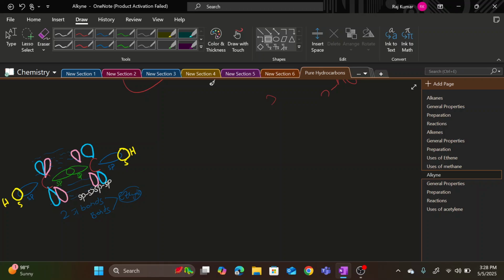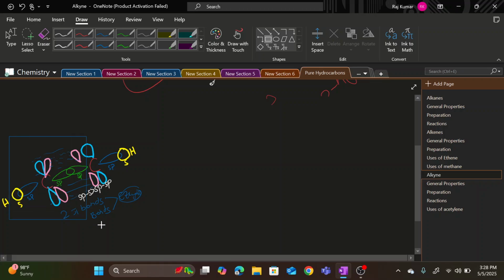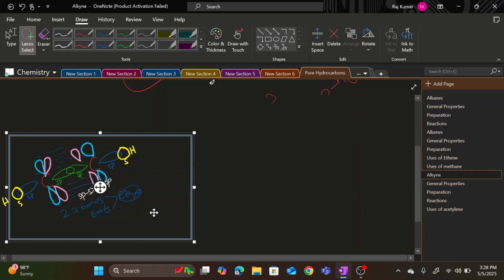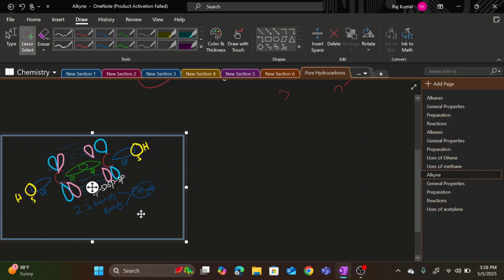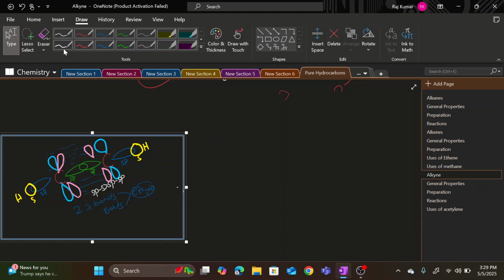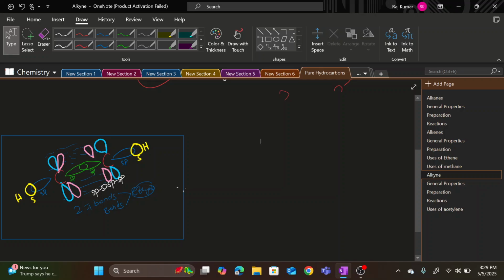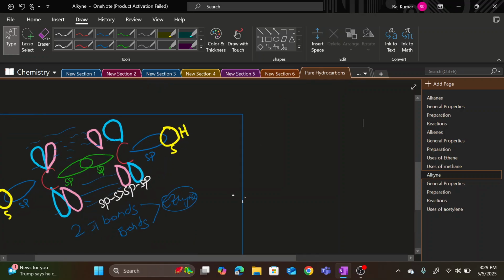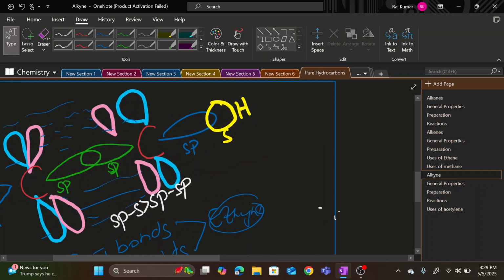Let me just circle it. All right. So this is the entire structure.